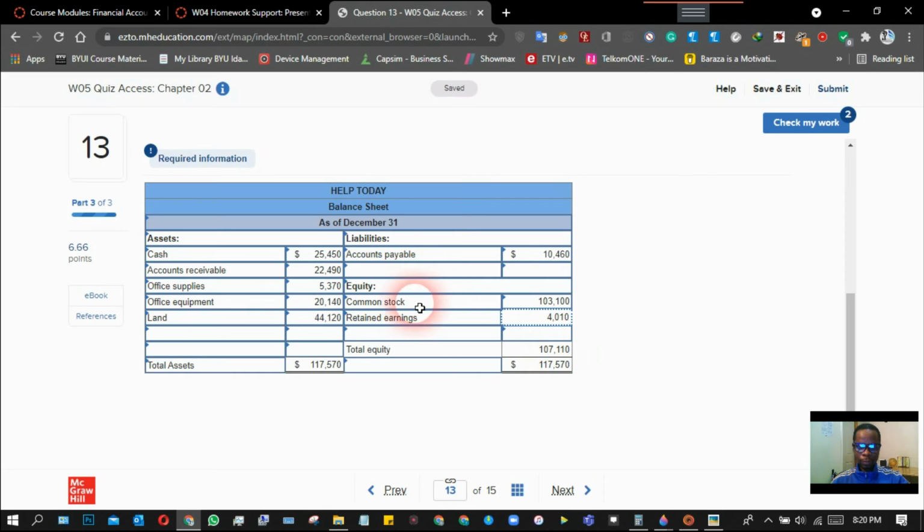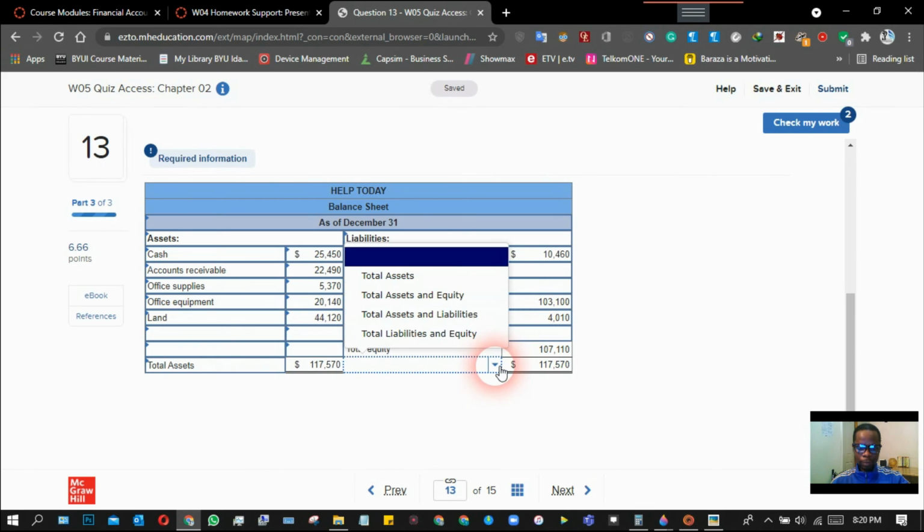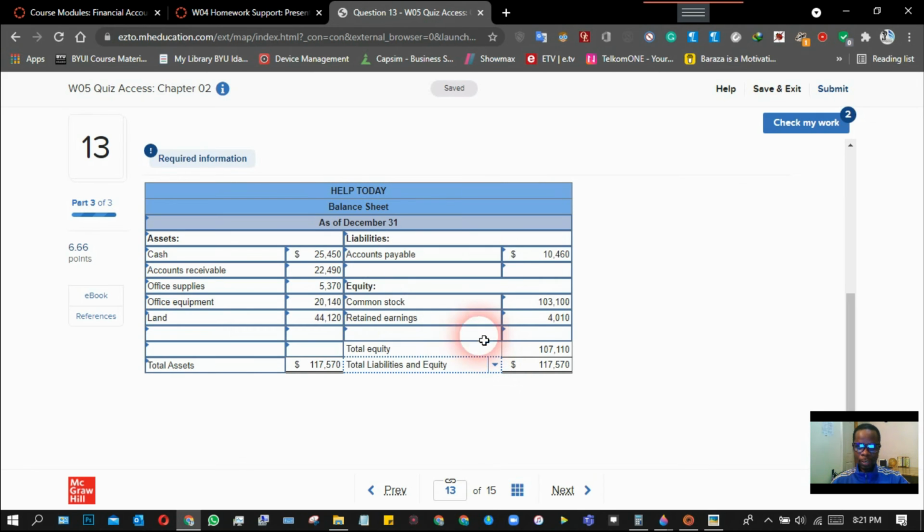Now this will give us the total equity between the common stock and retained earnings. Then here we'll have total liabilities and equity, which will be 117,570. Now you'll notice that the total assets on this side equal total liabilities and equity.